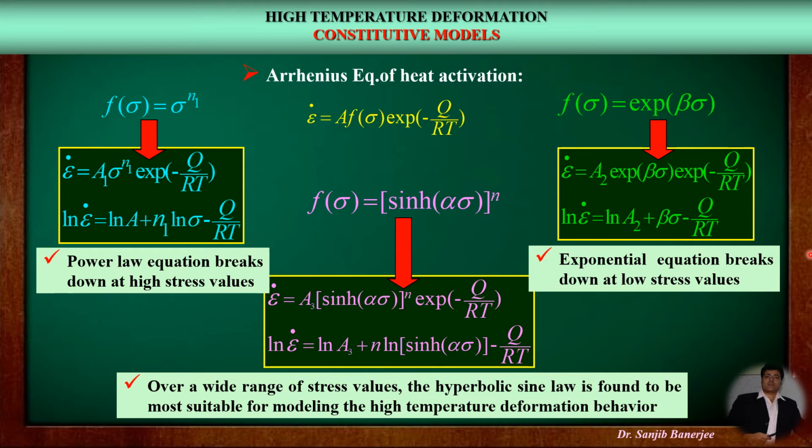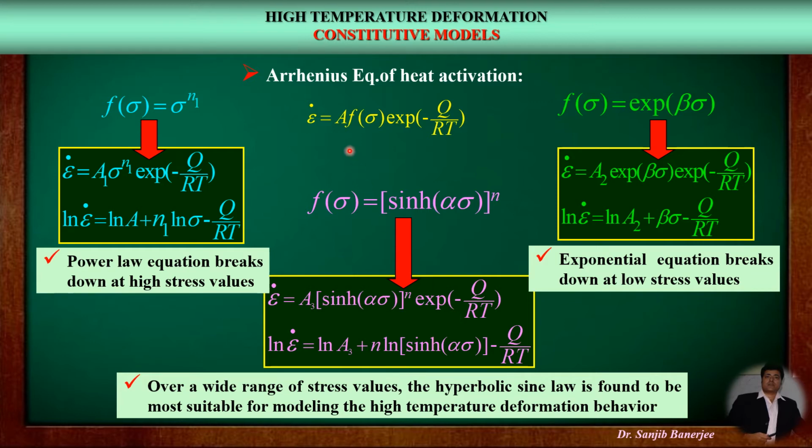The third one, which is the most commonly used, is where F sigma is represented by the hyperbolic sine function, that is sinh of alpha sigma to the power of n. So in this case, the Arrhenius equation becomes the strain rate is equal to A3 sinh of alpha sigma to the power of n into exponential of minus Q by RT.